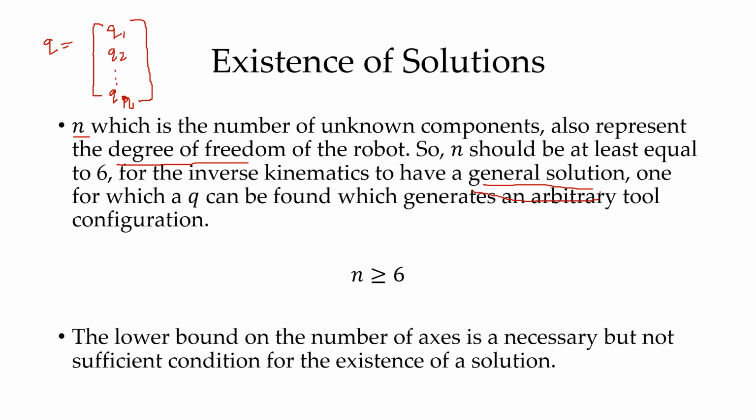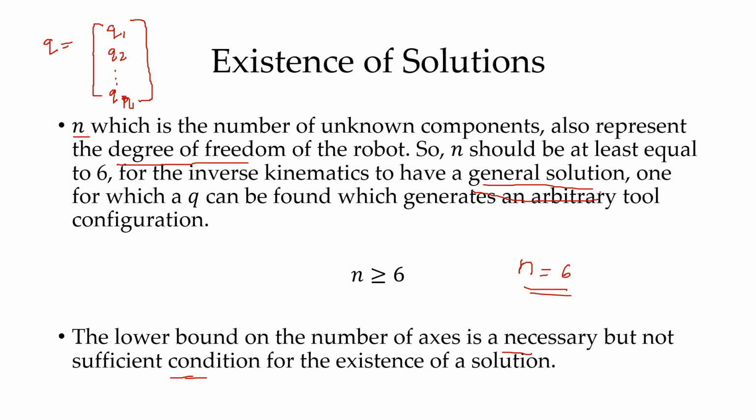The lower bound on the number of axes is a necessary but not sufficient condition. Without n being at least equal to 6, the inverse kinematics cannot have a general solution.